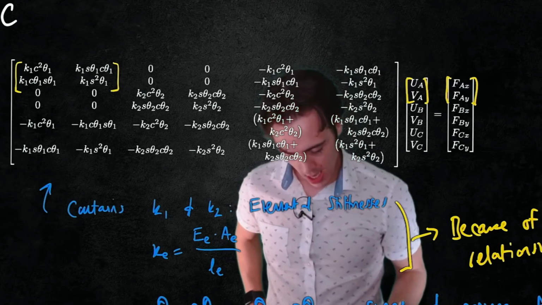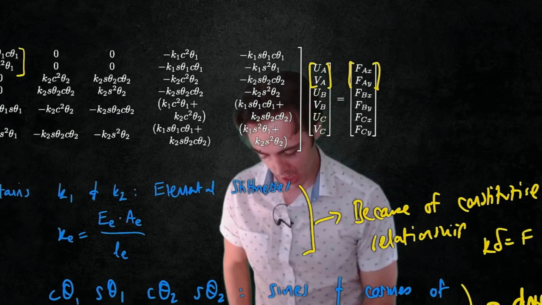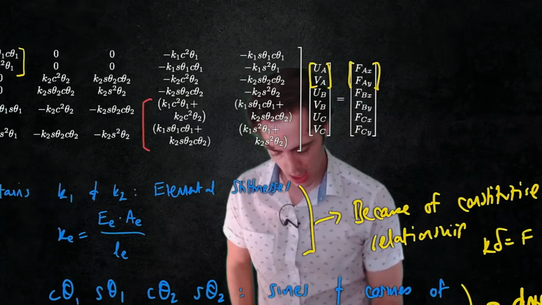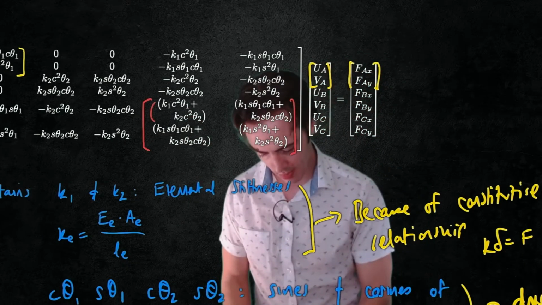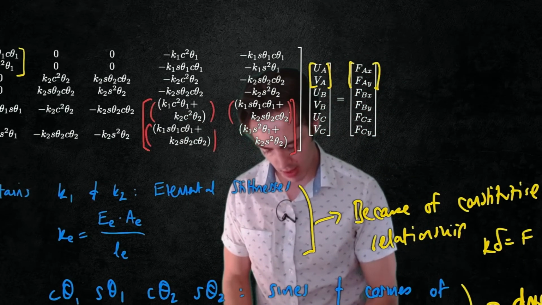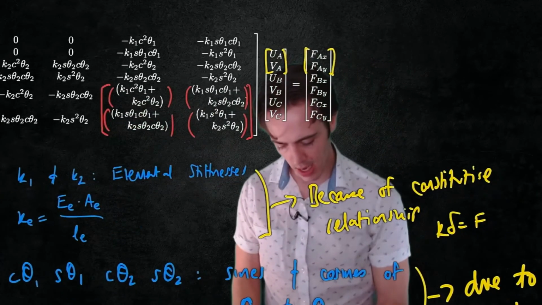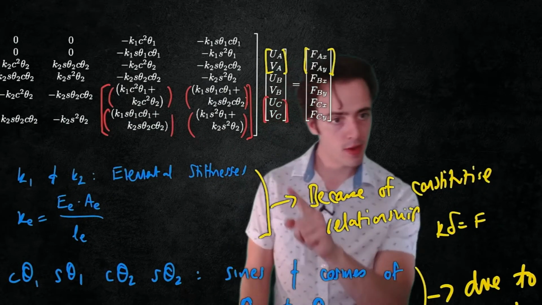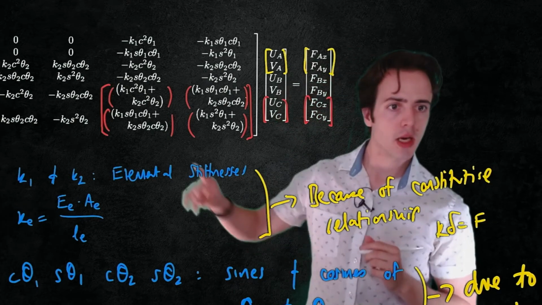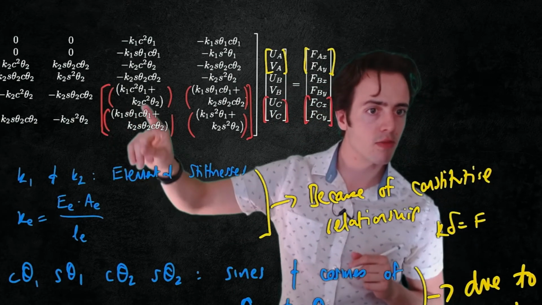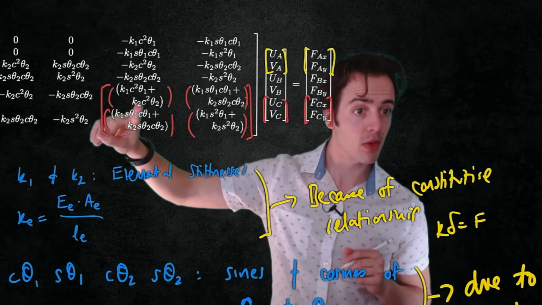But let's have a look at the lower right hand side, because the lower right hand side is where we actually have displacements in this problem. So we'll have a look in here. Let's just bracket these up. That's one term, that's two terms, that's three terms, and that's four terms in this lower right hand side. Now these relate the displacements at node C to the forces at node C. And we can see that we've got sines and cosines of each element in here, and we've got the stiffnesses of both element 1 and element 2.